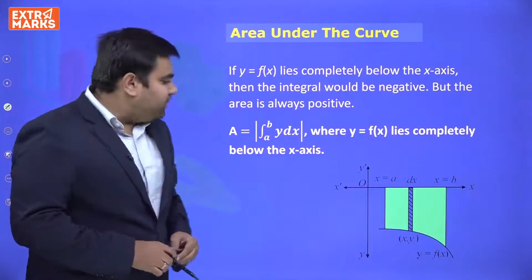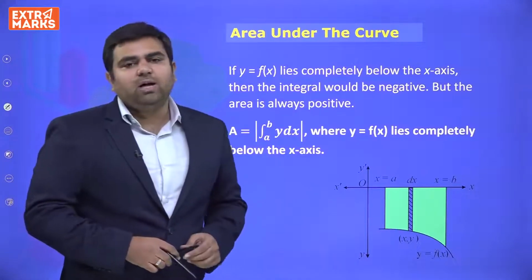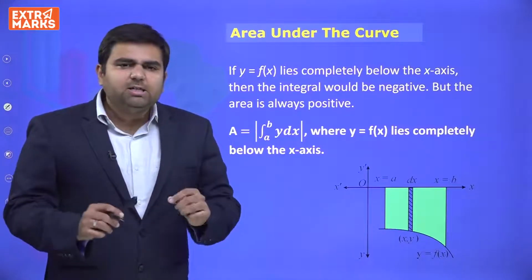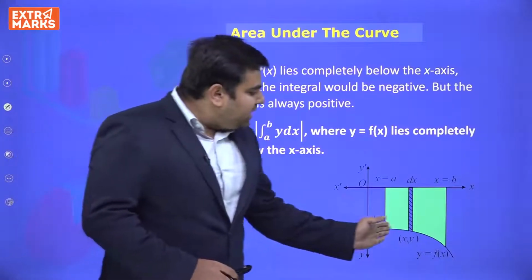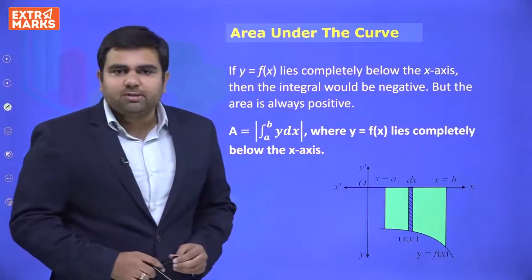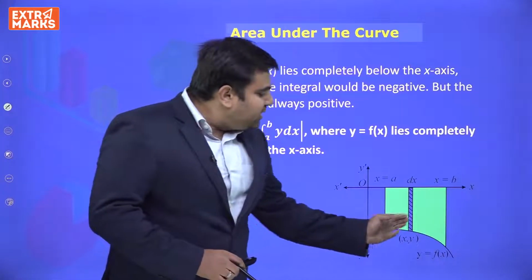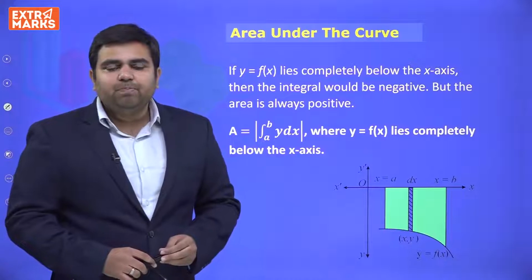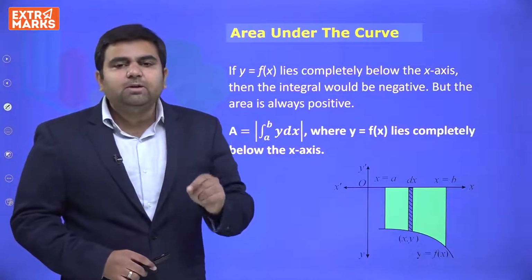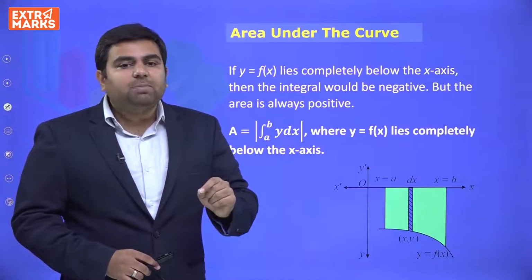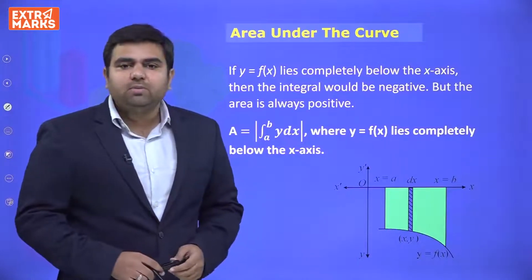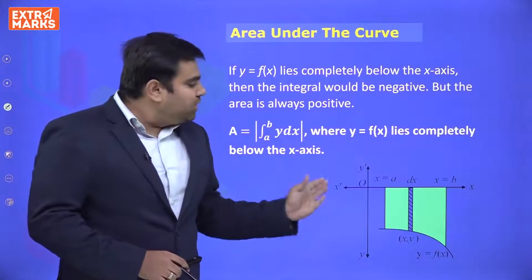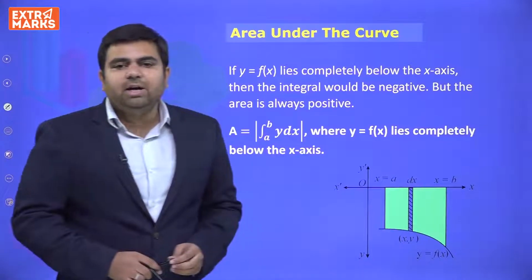Let us consider that we again have a curve y equal to f of x, but this time the curve lies completely below the x-axis. We intend to find the area bounded by y equal to f of x and the x-axis between the ordinates x equal to a and x equal to b.